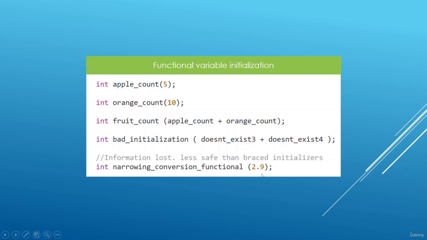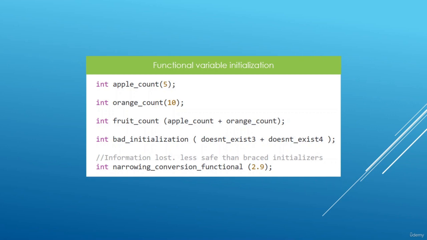But when we come to the example here where we are storing a fractional number, this is going to silently chop off the data you have in a fractional number and turn that into an integer. And this is called implicit conversions. But if we go to the last example here where we are storing 2.9 into an integer, this is going to take this fractional number, chop off the decimal point, and only store 2 in this integer. And this might not be what you want, and it is going to happen silently. So this is a really bad way to do this.